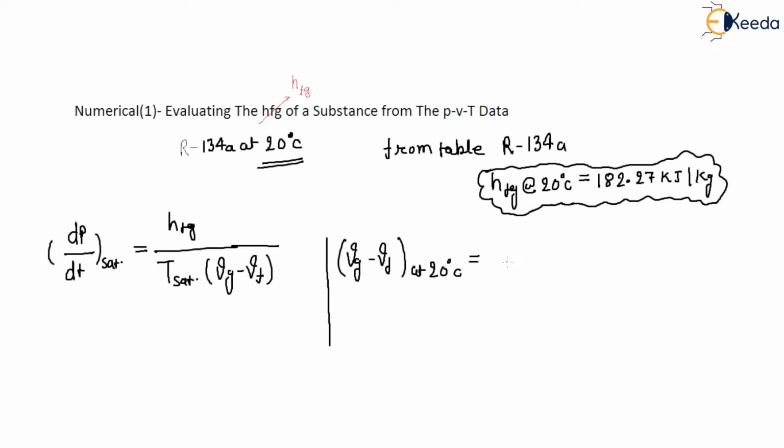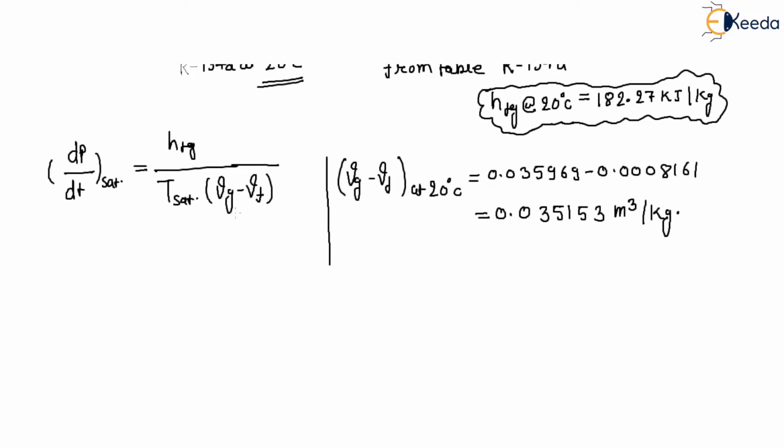This is approximately 0.035969 minus 0.000861, so if you calculate it, it is 0.03515 meter cube per kg. This is your Vg minus Vf.